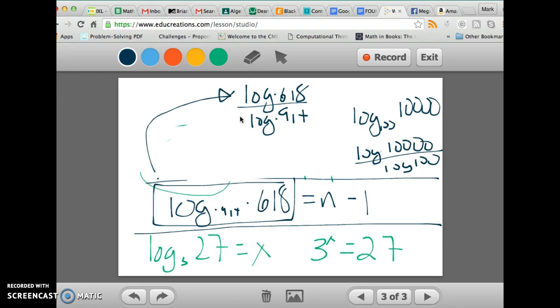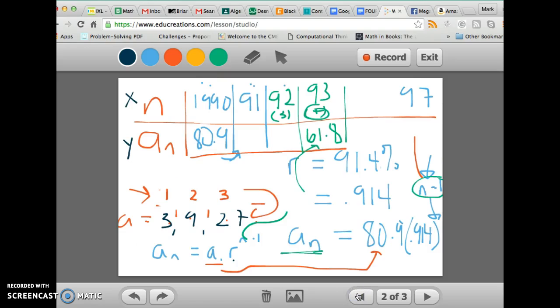And so n equals 6.35. So at 6.35 is when this thing hits 50, when this thing decreases to 50.